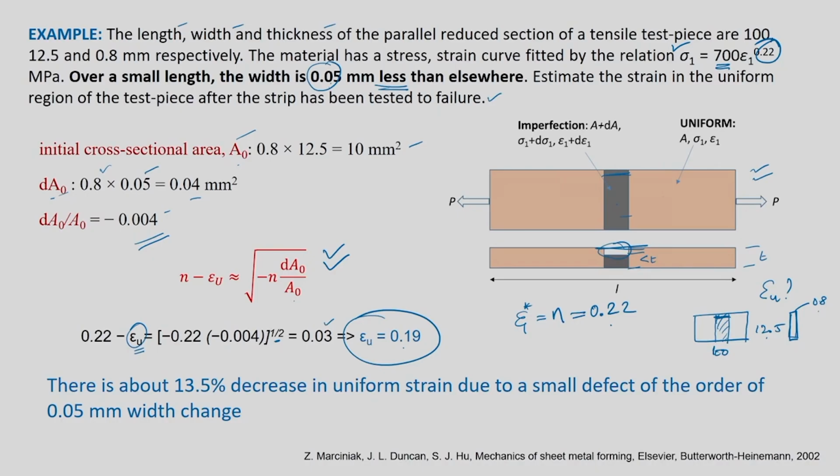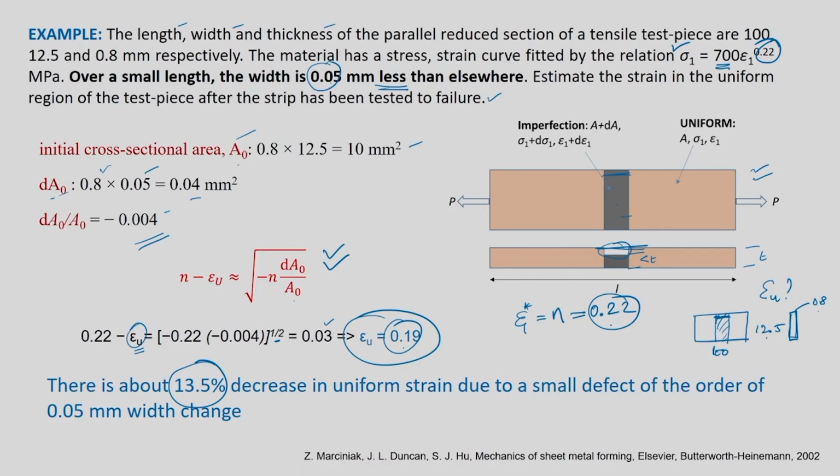So, what is the difference in this value you can get? You can see that there is about 13.5% decrement in uniform strain when you compare this with this, because you are putting in a very small imperfection, 0.05 mm. In place of a width of 12.5 mm, there is one small region where you have a reduction in width of 0.05 mm.